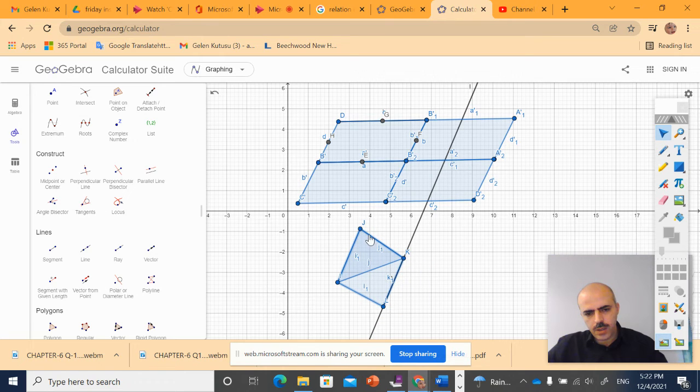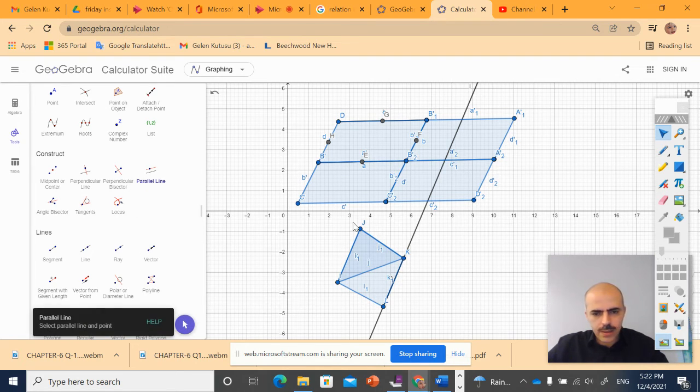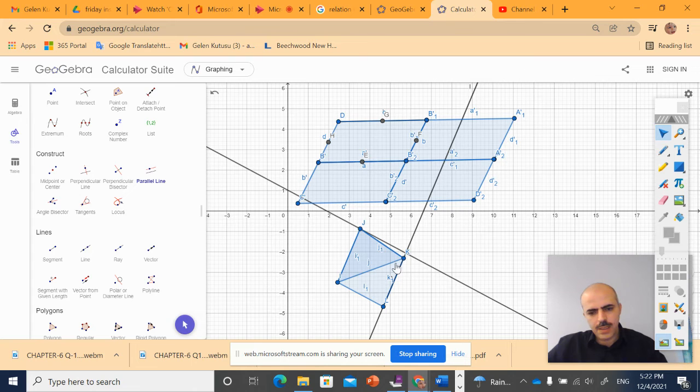Why is it a parallelogram? Because IJ and KL are parallel to each other, or we could have done the same thing with a parallel line from J to IL, let's suppose. So it didn't match exactly. What I wanted to show here is that any triangle is actually half of a parallelogram.